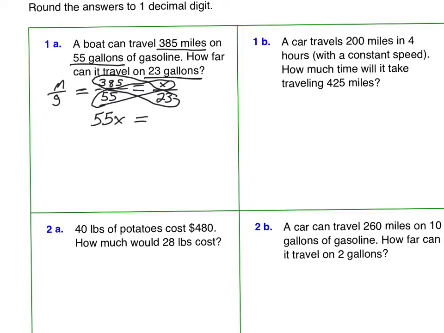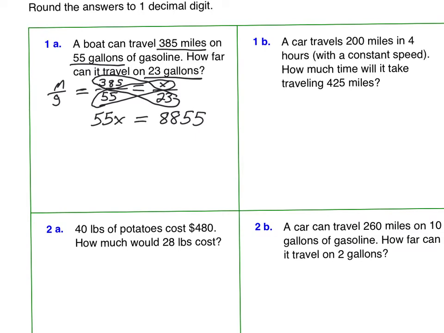So I type that in, 385 times 23 is equal to 8855. Okay, 8,855 rather. And so now, this is the critical part. We are dividing by the number we're multiplying by. The variable, that is.